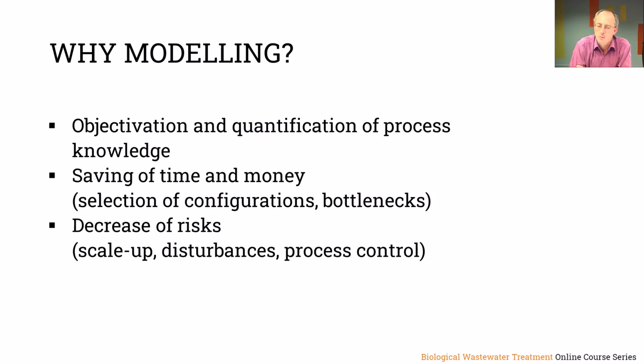An important reason to model is that it forces you to make everything explicit. Very often you will see in papers that something is better, something is larger, or something is smaller, or higher, but that doesn't tell you a lot, because whether something is smaller or larger depends on the perception of the researcher.